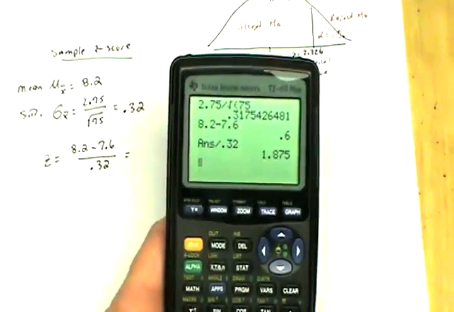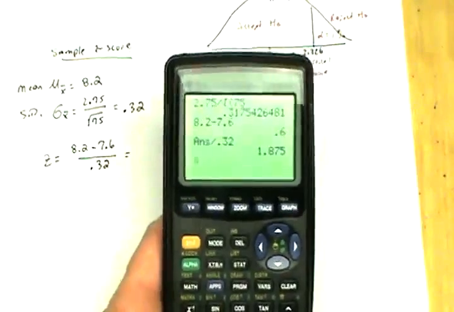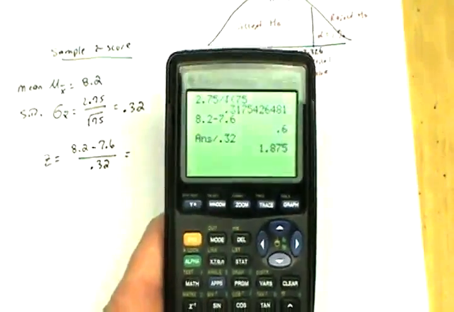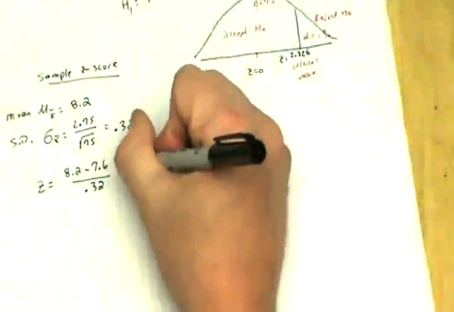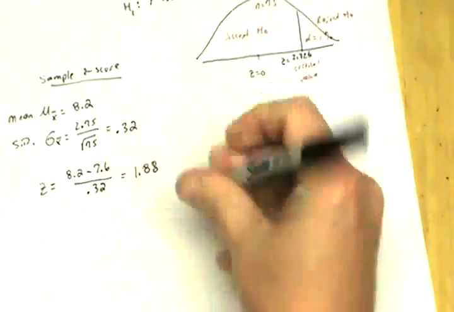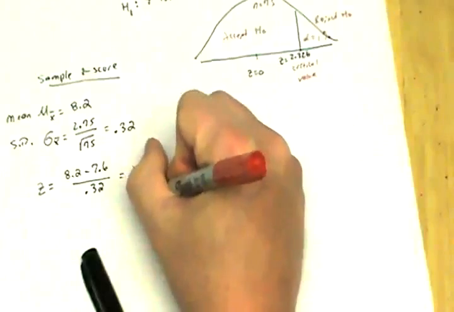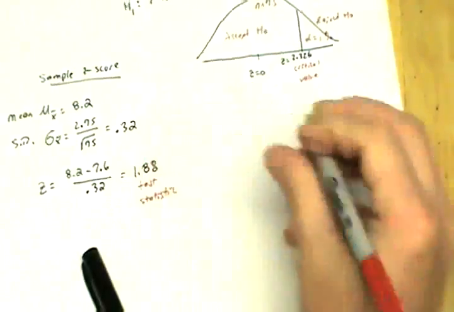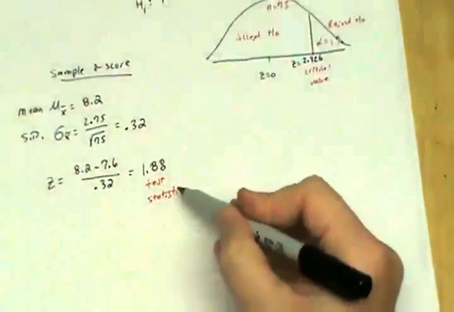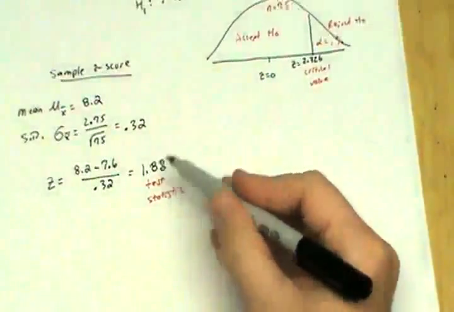We're getting back 1.875. Let's round that to 1.88. So we always use 2 decimal places for consistency. That is called, because the textbook always uses these terms, our test statistic. If you say that backwards, it's the statistic used to test our hypothesis.